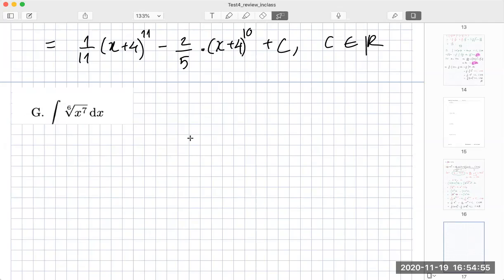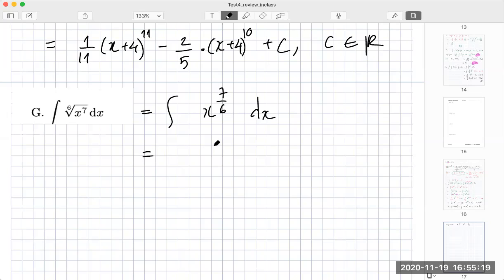Integral of x to the 7 under the 6th root, we can write it according to the power rule. It will be x to the what? 7/6. Perfect. This is a number.